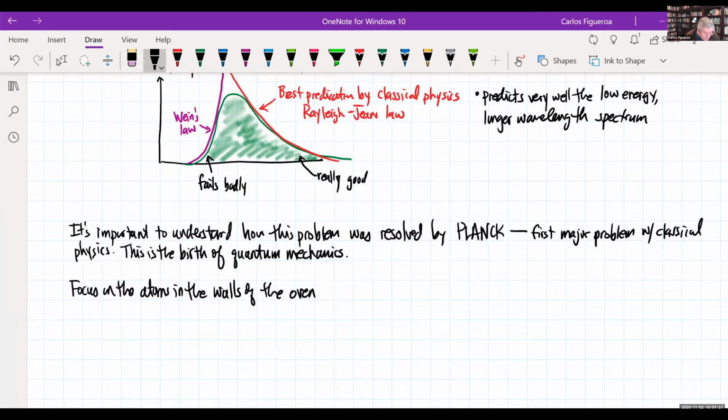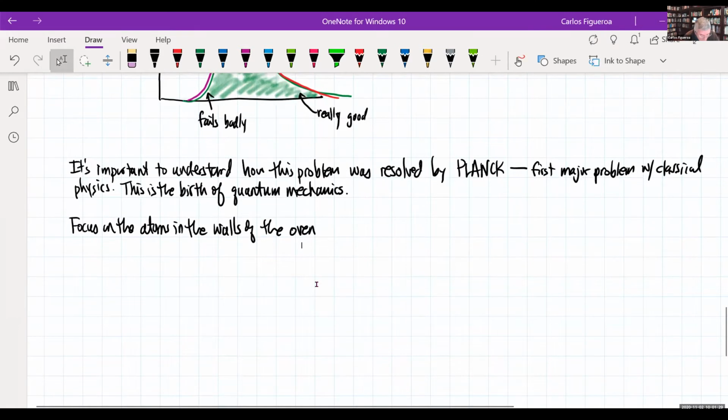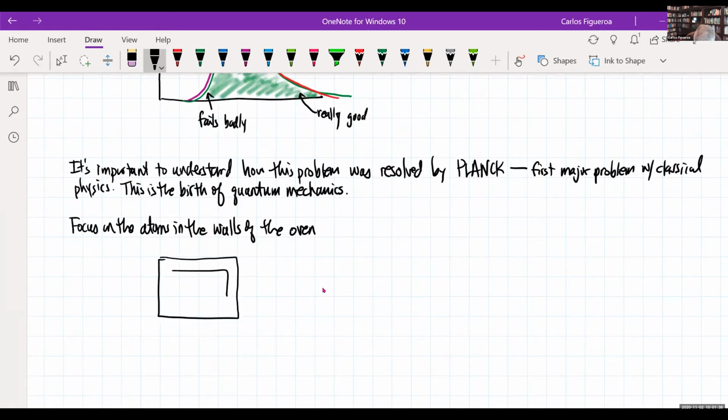Okay, so when you focus on the walls of the oven, what you're actually imagining is that we have an oven with a cavity. These are the walls, and inside the oven walls are little atoms.